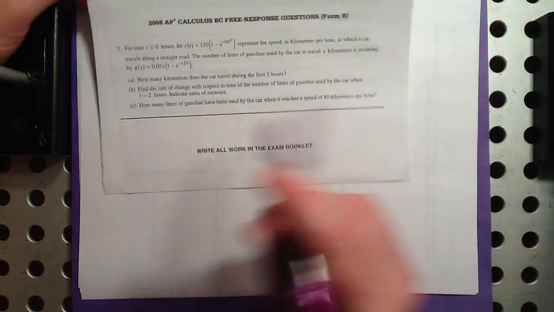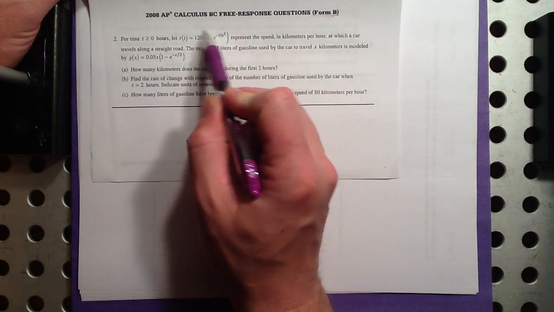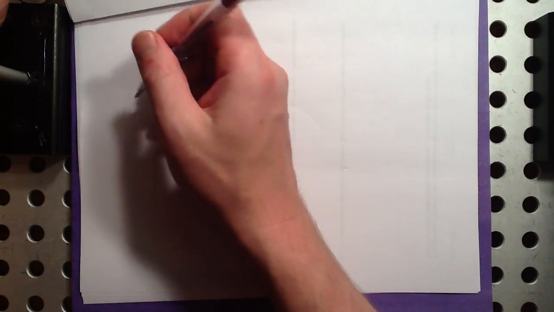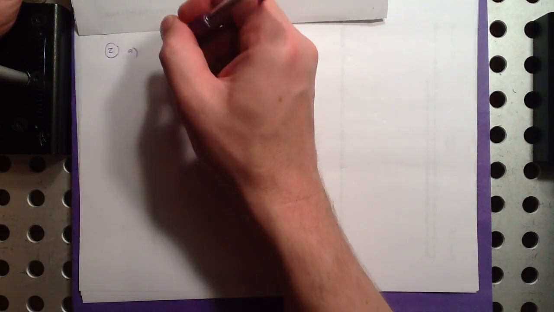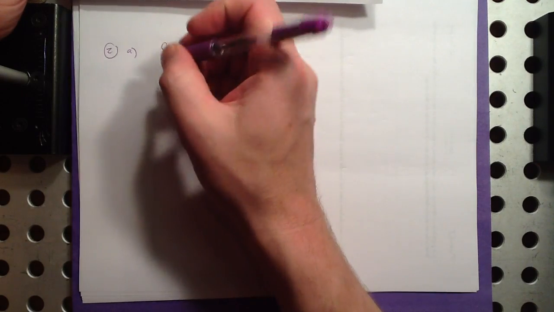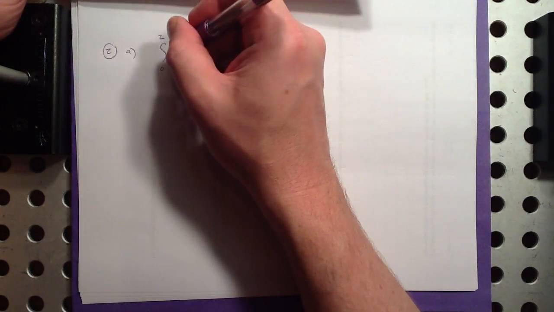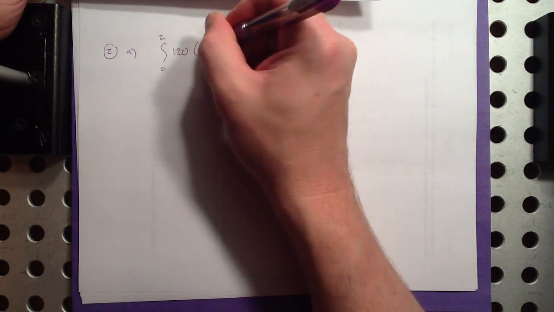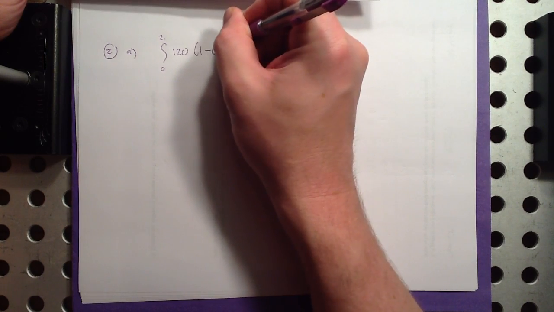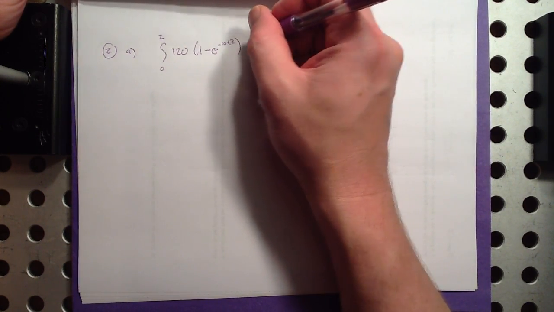All right. So how many kilometers does the car travel during the first 2 hours? Well, we've got its rate, so if you want to know how many kilometers it traveled, then from 0 to 2, we want to know the integral of the rate, which will give us the displacement.